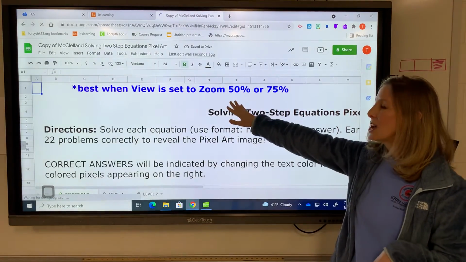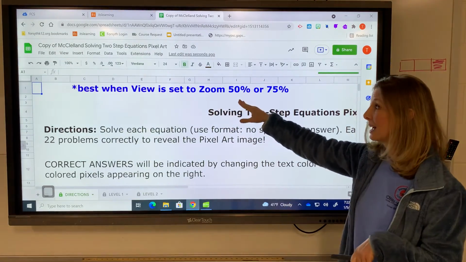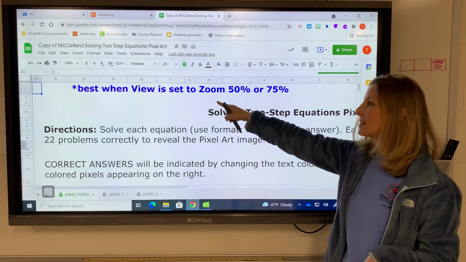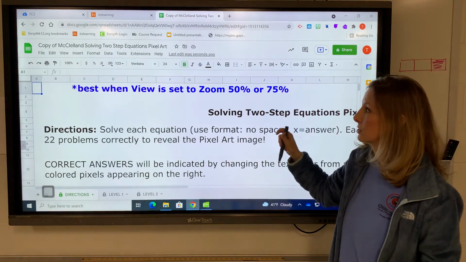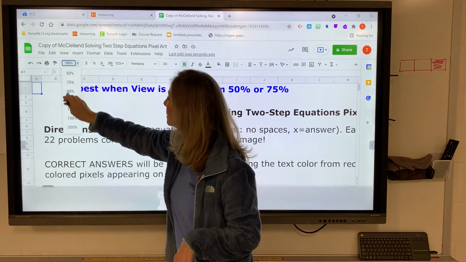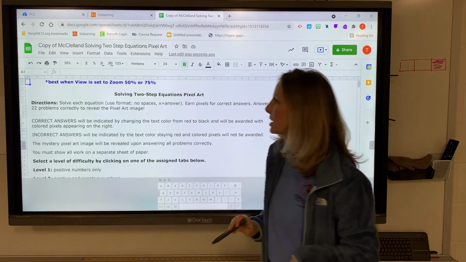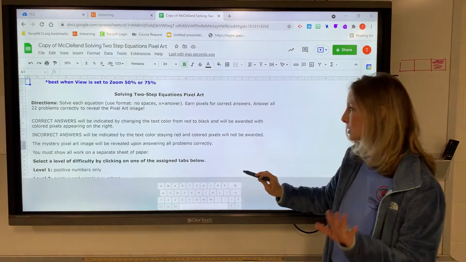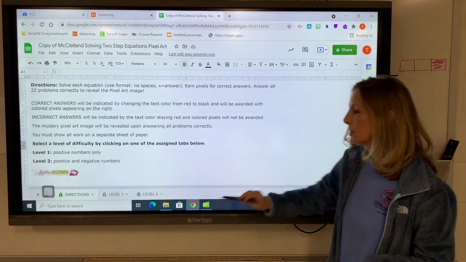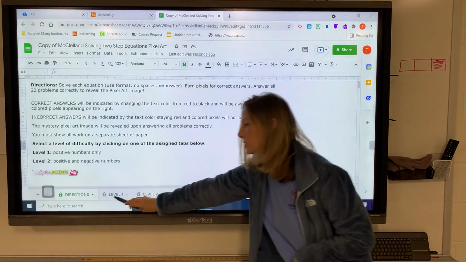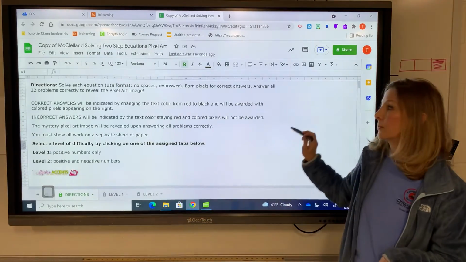All right, notice once it does open up, it tells you, and this is pretty important, that the best view is when you set your zoom to 50 to 75%, and you'll understand why here shortly. I'm gonna go ahead and change that to 50. I know it looks small at first, but bear with me. So you've got all your directions here, but you also will notice down at the bottom you have directions, level 1 and level 2.